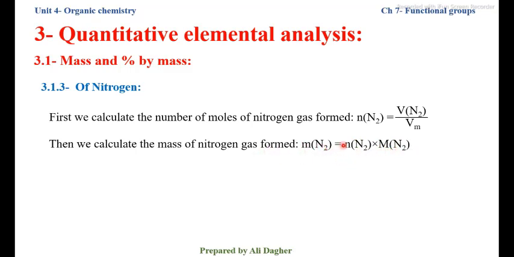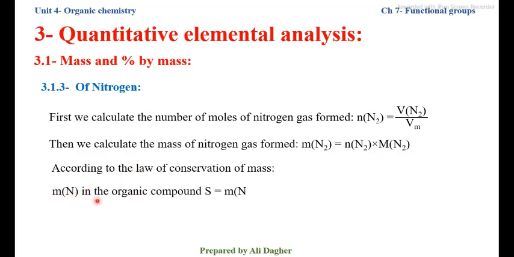According to the law of conservation of mass, the mass of nitrogen gas formed is equal to the mass of nitrogen atoms in the organic substance, because the nitrogen gas is released from the nitrogen atoms found in the organic compound S. Then mass of nitrogen in the organic compound S equals the mass of nitrogen gas formed, which is calculated. After that, we can deduce the percentage by mass of nitrogen, which equals mass of nitrogen over mass of the organic substance times 100.